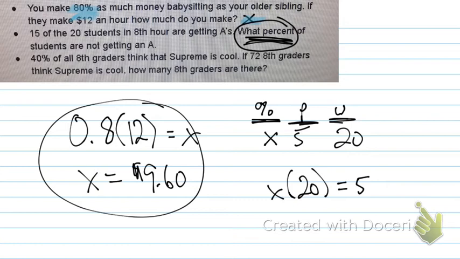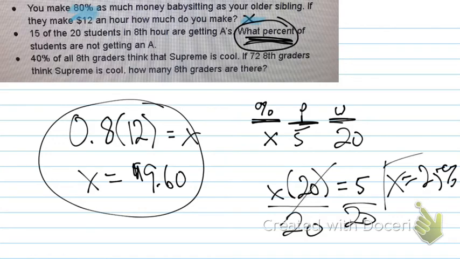Because the question says who did not get A's, and 15 is who did. So what this makes you do is divide by 20. So how many students are there that did not get A's? What percentage? 25%. Yeah. 0.25, 25%. So 1/4 is another way to think about that too. 25% did not get an A.